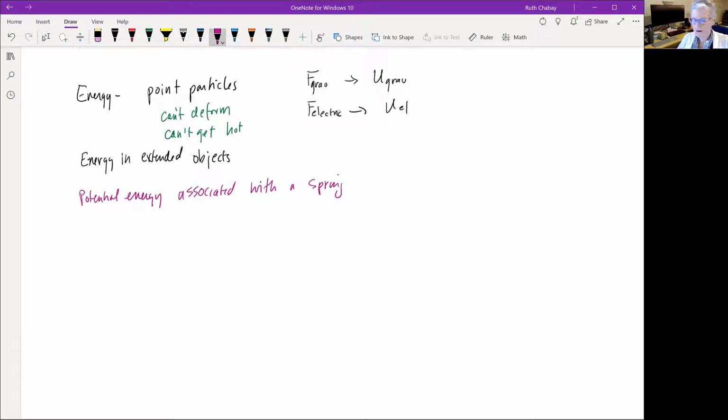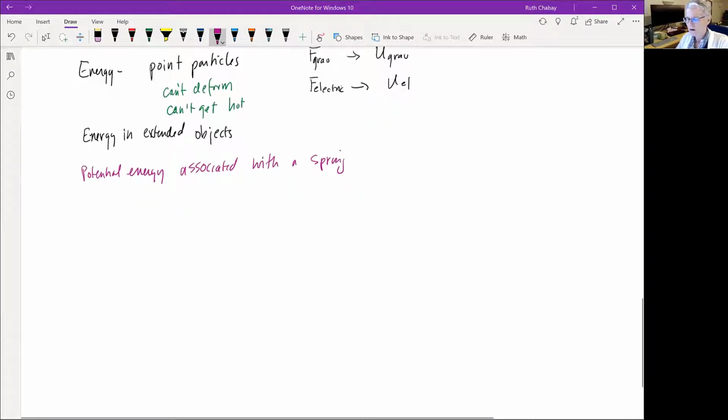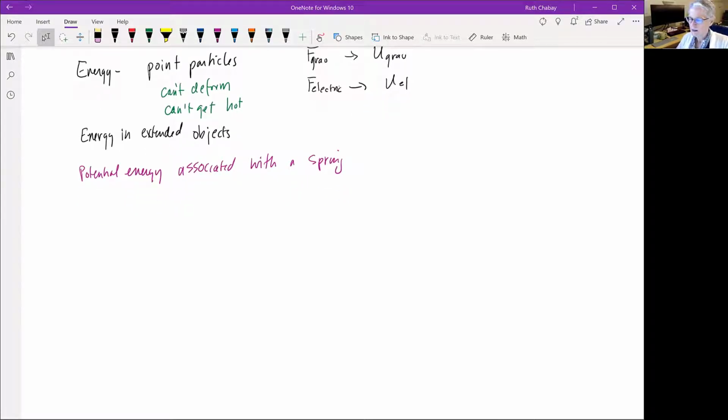And we're going to consider macroscopic springs first. Let's just think about an example of a simple horizontal mass-spring system.